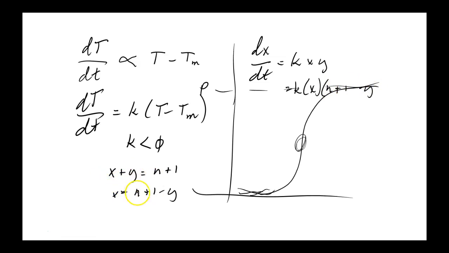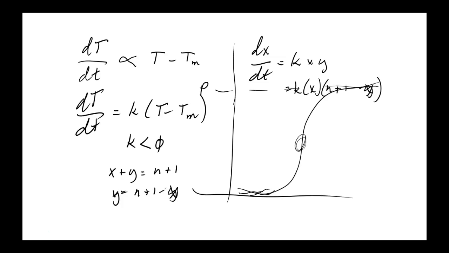Let's do it the other way. Y here and X here. Okay, minus X. And now you have a linear differential equation with only X in it. So you don't have two variables, you have just one. So then you can proceed from there. But it comes from that basic premise.